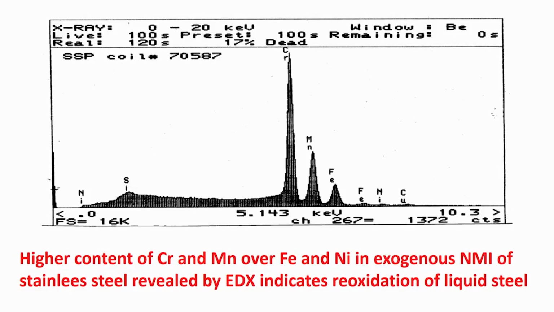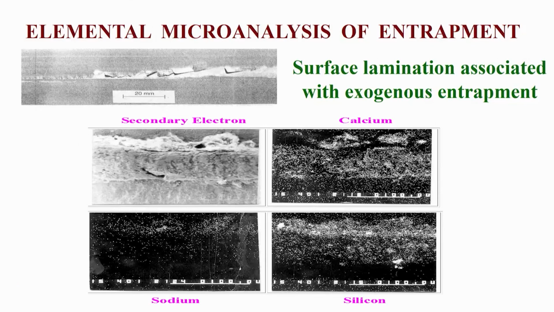So, this is the culprit. So, we know now how to take care of it. Similarly, if mold slag has got entrapped, there is some sodium present, the X-ray image shows some sodium along with calcium, silicon and oxygen in the defect area. So, we know that this has come from mold slag.